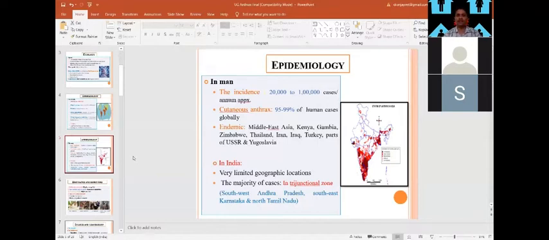Most of the human cases of anthrax occur in this trijunctional area.